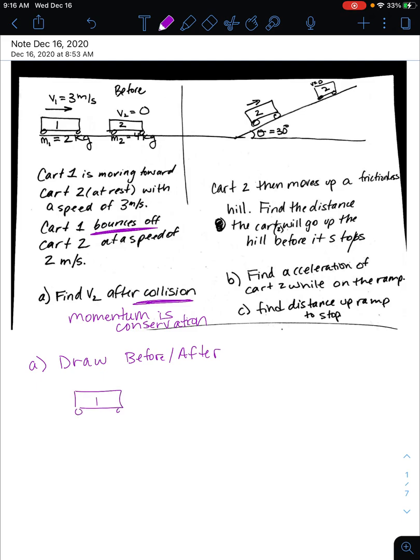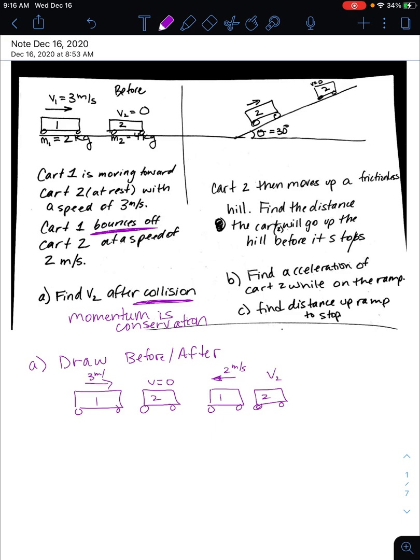We're going to see that cart 1 starts off moving and cart 2 starts off at rest. And then cart 1 bounces back in the opposite direction of cart 2. And so now it is moving back at a speed of 2 meters per second, and we're trying to find what v2 is.